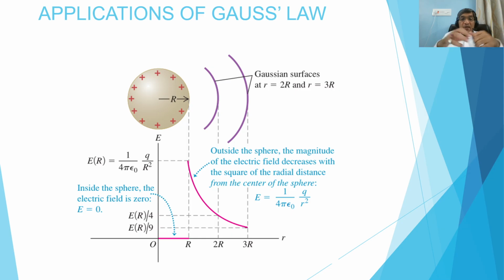This is the basic graph by which you understand how the electric field increases or decreases as we move outside or inside the conductor. The electric field is 0 inside, shown by the red line. So now I hope you understand how the electric field varies inside and outside the conductor with the distance, that is small r. Now move further.